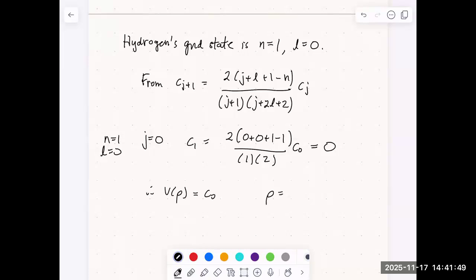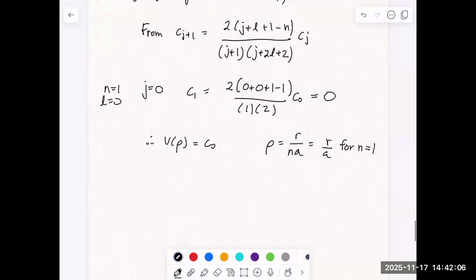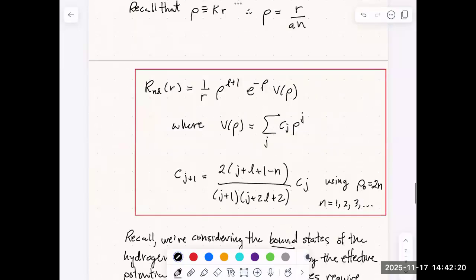Rho, we said, was r over n times a, where a was the Bohr radius. But if n equals 1, then this is just r over a. Therefore R10, so n equals 1, l equals 0, is equal to... well, I think we wrote it down, didn't we? There it is.